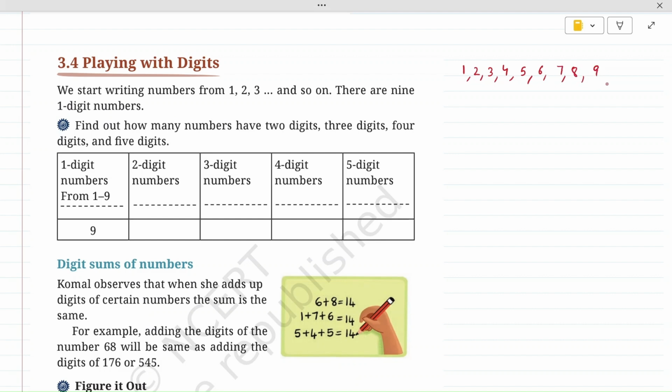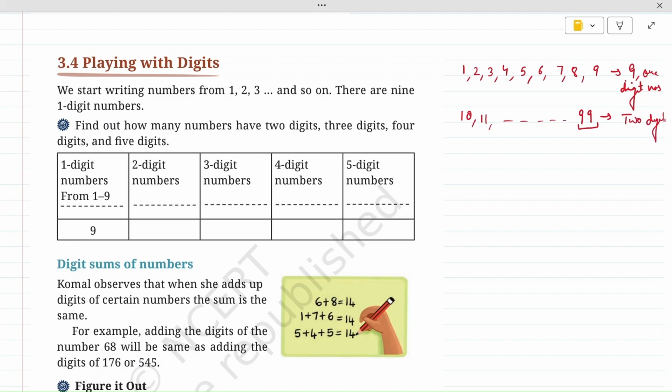We have only one digit here, so we have 9 one-digit numbers. The smallest two-digit number is 10, and then it goes 10, 11, so on, till 99. So till 99 we have two-digit numbers.